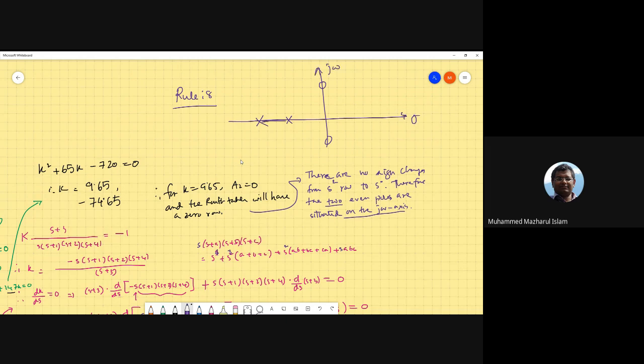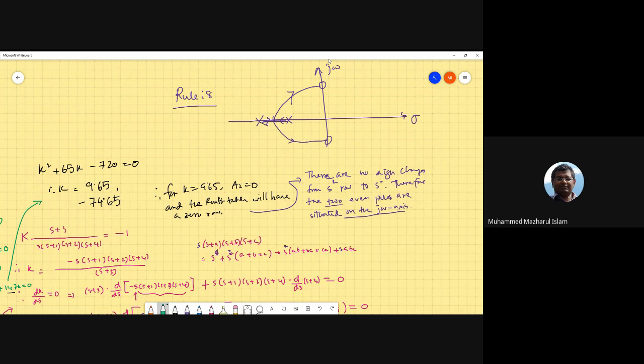Can you understand that the root locus will be like this? This is symmetric, and the poles will be the starting points of the root locus. There are 2 poles and 2 zeros, so the zeros will be the terminating points. We don't need asymptotes, so the root locus will look something like this.